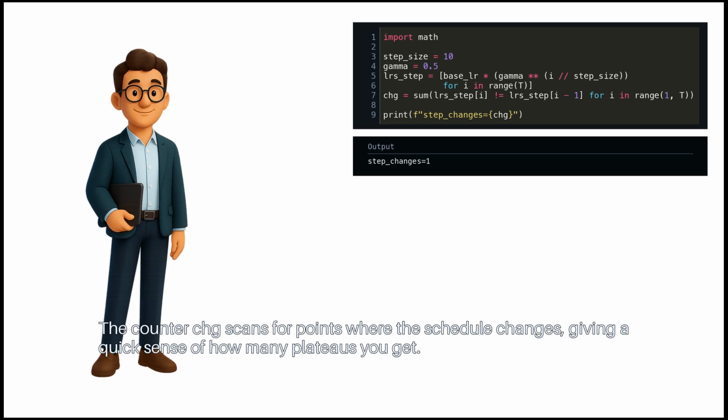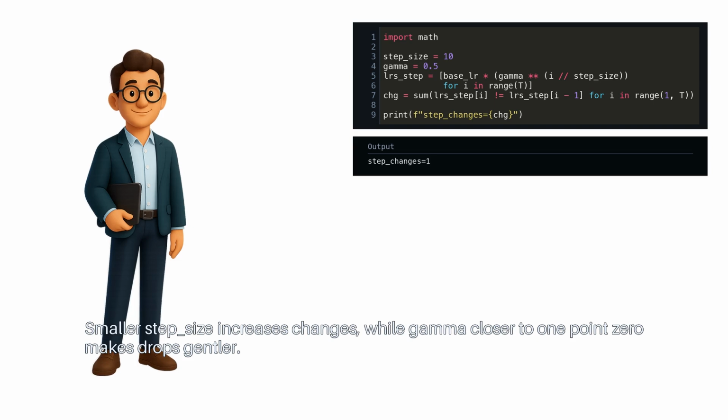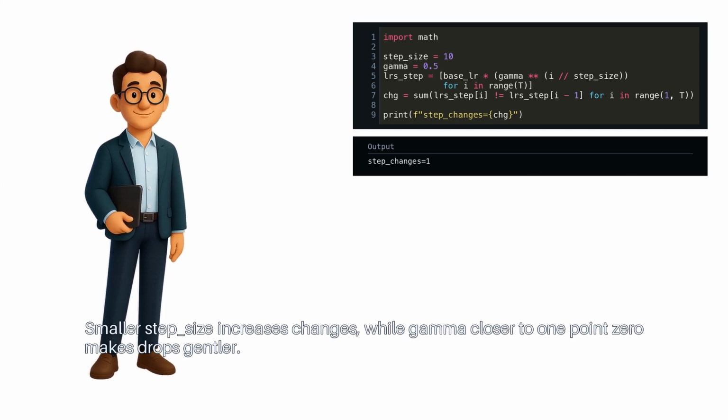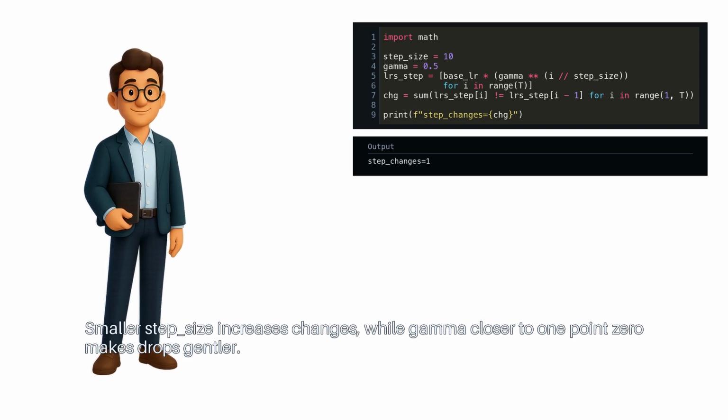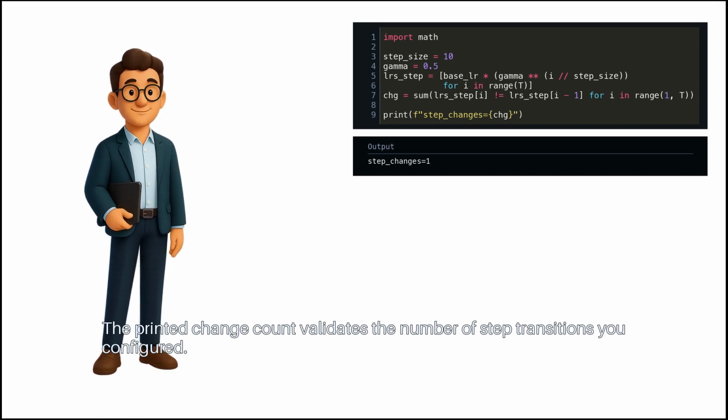The counter changes scans for points where the schedule changes, giving a quick sense of how many plateaus you get. Smaller step size increases changes, while gamma closer to 1.0 makes drops gentler. The printed change count validates the number of step transitions you configured.